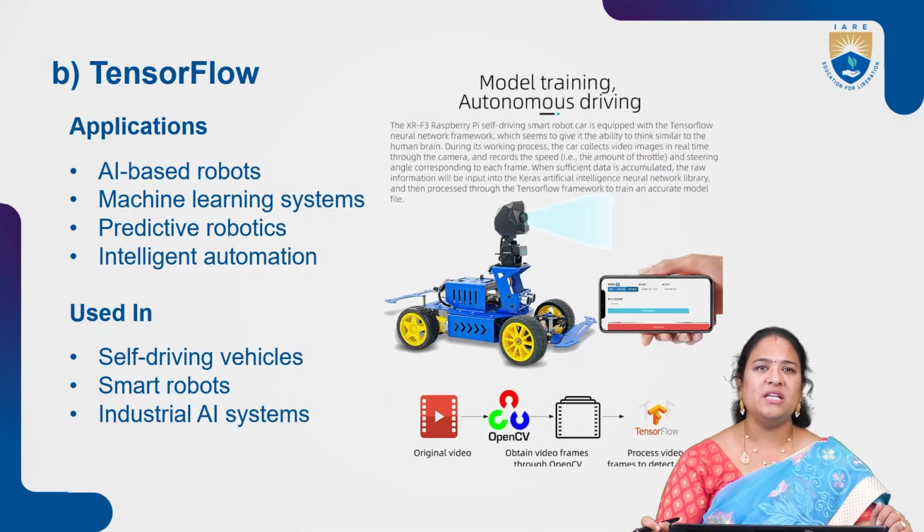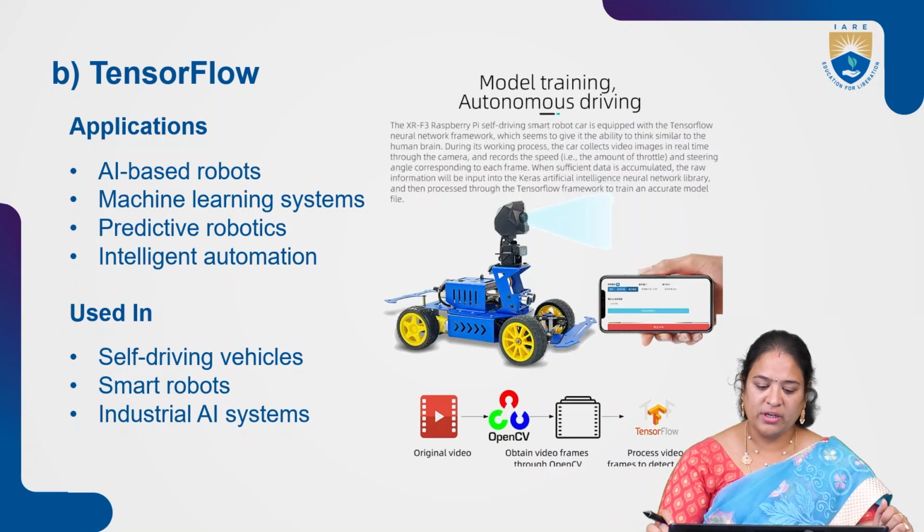So the major application of TensorFlow is AI-based robots or machine learning systems, or when we come across predictive robotics, or intelligent automation, we will be using this particular TensorFlow. As I've told you, it is generally used in self-driving vehicles, smart robots and industrial artificial systems.